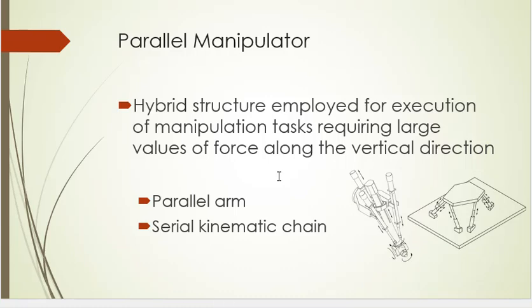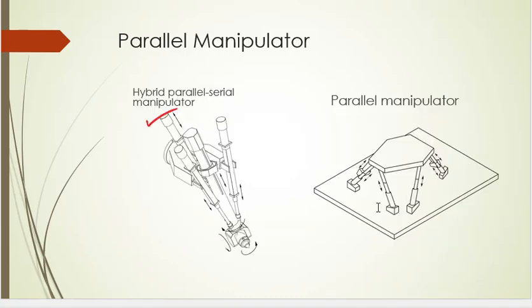Obviously the operational speed will be high. A hybrid structure is employed for manipulation tasks requiring a large value of force. These are parallel arms, and there is also the serial kinematic chain, and the hybrid, parallel-serial manipulator.